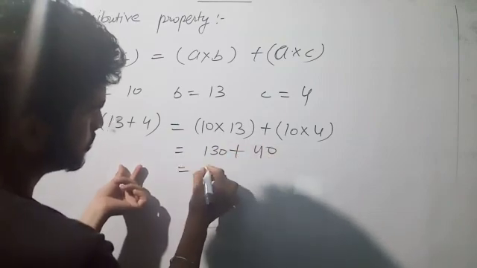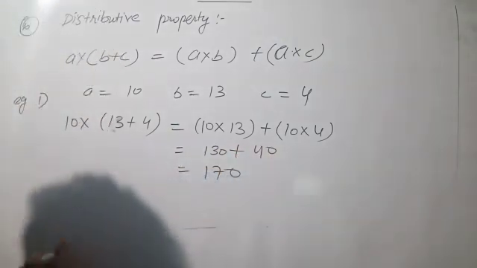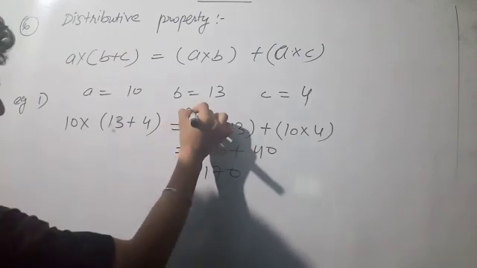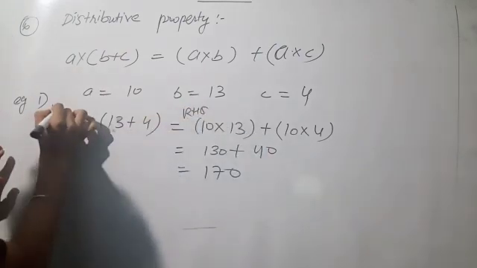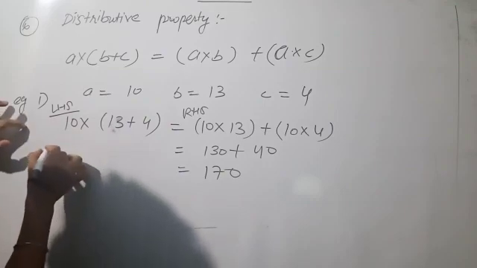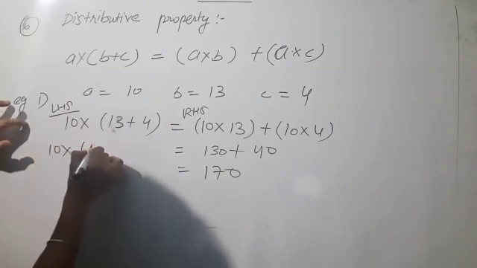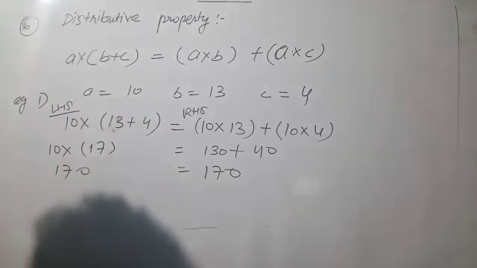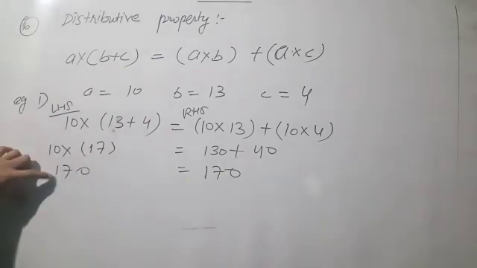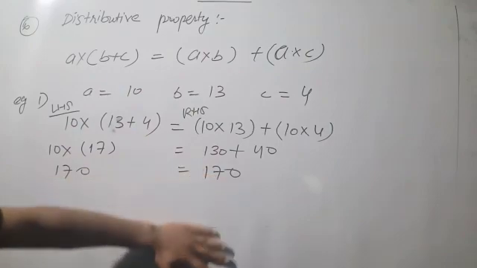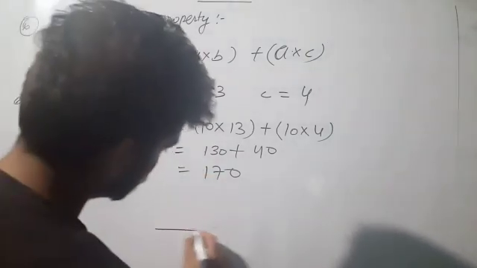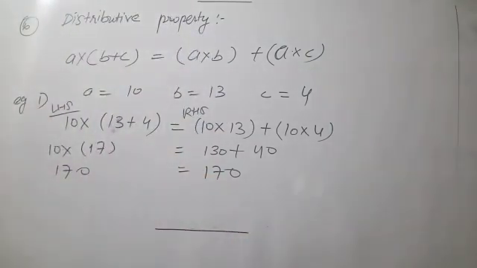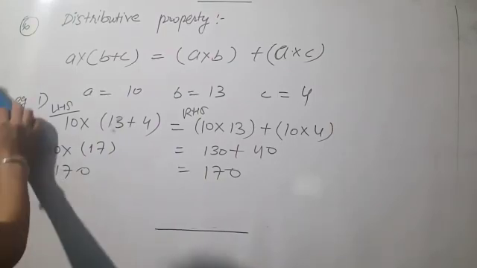So our answer is 170. If you multiply in the left hand side, we have 10 into 13 plus 4, that is 17. So 10 into 17 is 170. So in LHS we have answer 170 and in RHS our answer is 170. So both are equal. So the distributive property is very important.